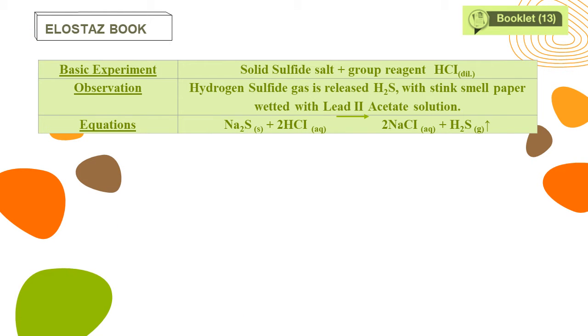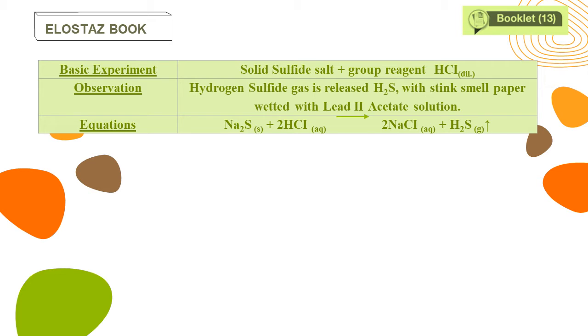Here we have the basic experiment. We have the solid sulfide salt and the group reagent, diluted HCl acid. After that we release the smell of what? The smell of hydrogen sulfide. After adding paper wetted with lead acetate solution, the spoiled egg smell will be released at the end of the reaction.